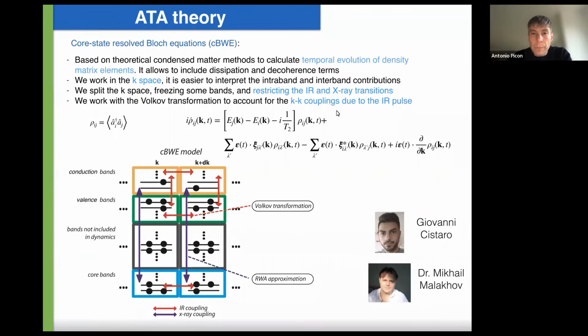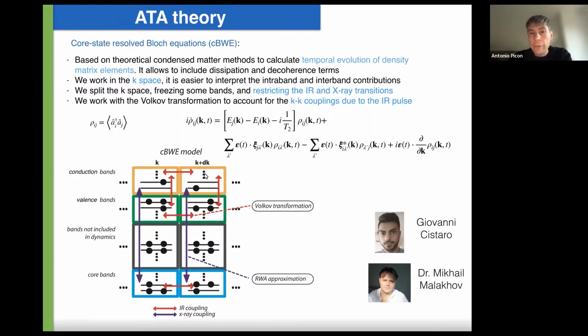I'm going to go quite fast, but what we do is mainly solve these equations. And for that, we need to discretize our grid. We work in reciprocal space because it's easier for us to interpret energy dispersion and so on.